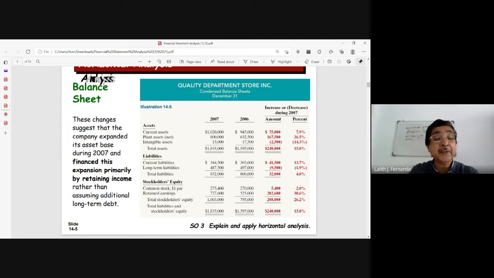The comment is, these changes suggest that the company expanded its asset base during 2007 and financed this expansion primarily by retaining income rather than assuming additional long-term debt. Now, why do you say it is an expansion? It is a growth in assets. That is expansion. So how did they grow their assets? That is what you need to check.